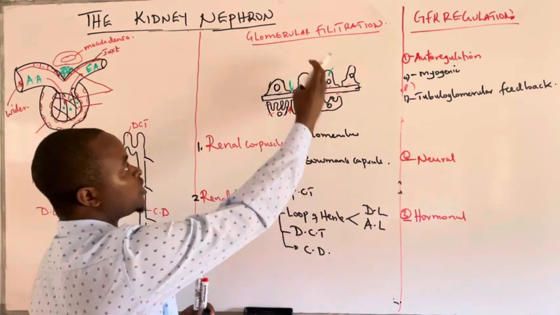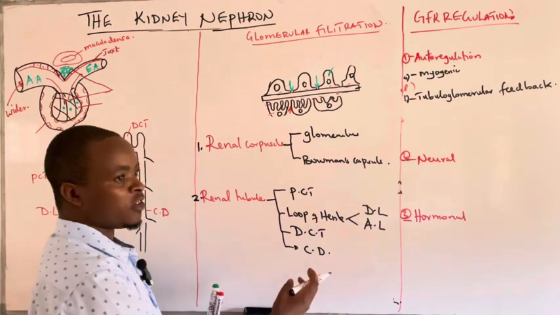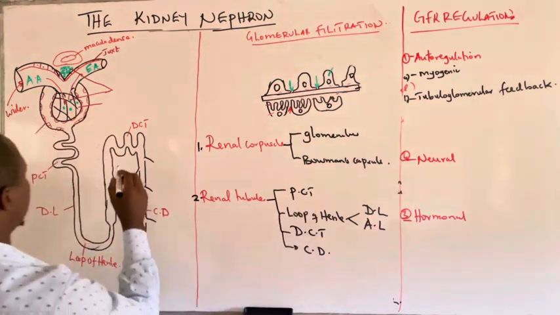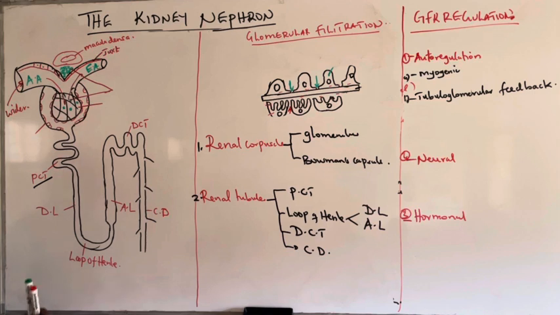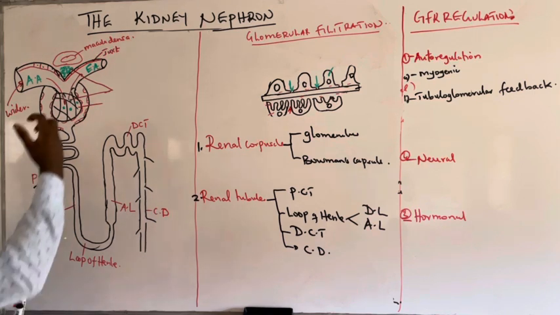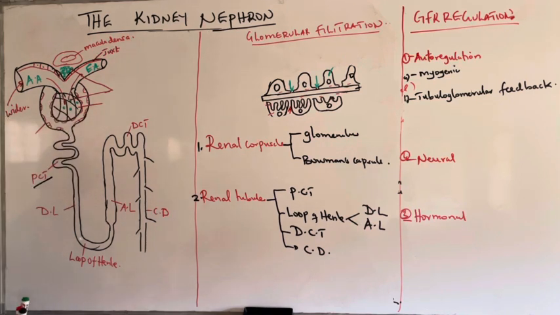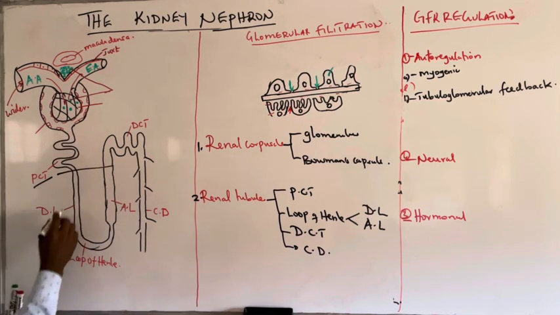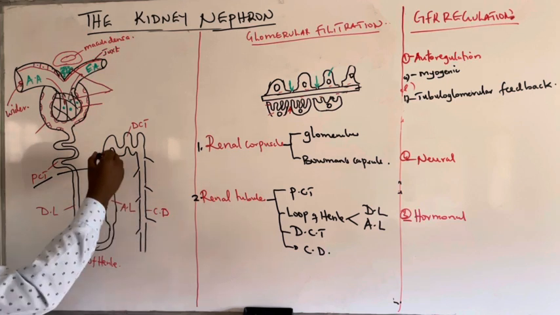So after filtration, we see the glomerular filtrate passing first through the proximal convoluted tubule. Proximal means near the Bowman's capsule. And it is convoluted with numerous brush borders, which then gives rise to the loop of Henle, which forms the hairpin loop.